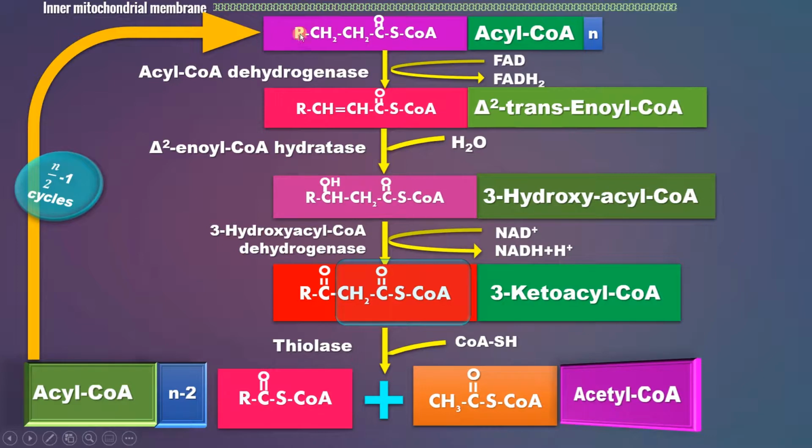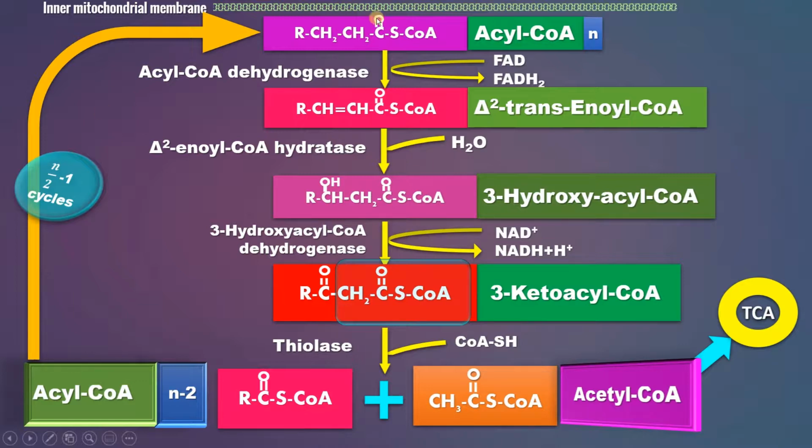Suppose this is palmitic acid, it contains 16 carbon atoms. So 16 by 2 means 8, minus 1 means 7. There are going to be 7 cycles of beta oxidation for palmitic acid. This acetyl-CoA now enters the TCA cycle. It will give ATP, carbon dioxide and water.